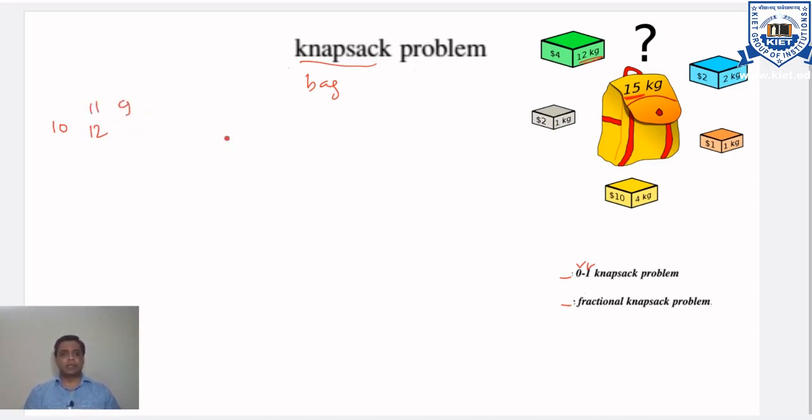So likewise, if we go with this approach, what do you think? Could we get the maximum amount in our bag in terms of these dollars? No, that would not be the case in general.